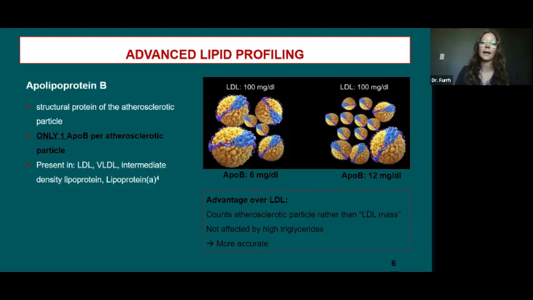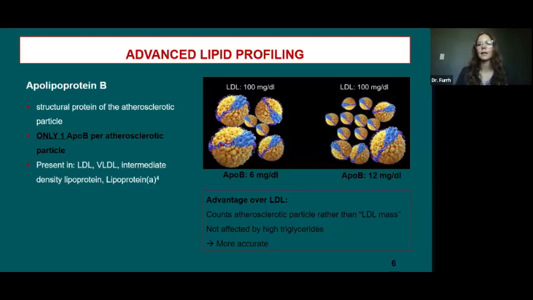So just counting that structural protein allows us to count the particles that are capable of inflicting injury to the arterial wall. If you want to envision it that way, every single lipid particle of the LDL fraction that floats around in your arteries has the potential to damage your arterial walls.